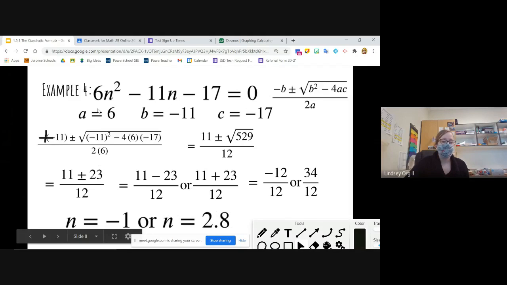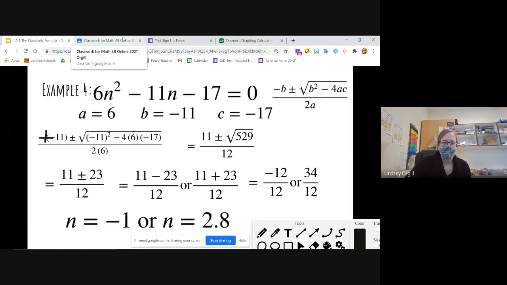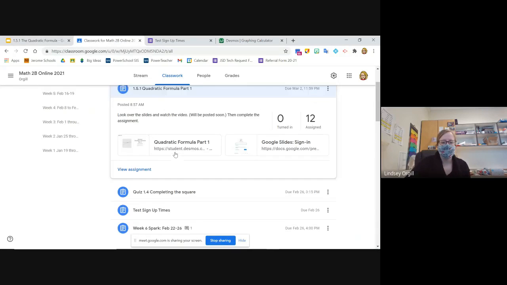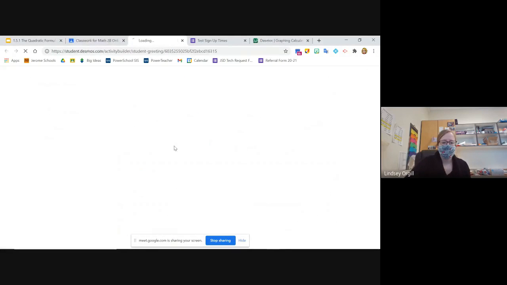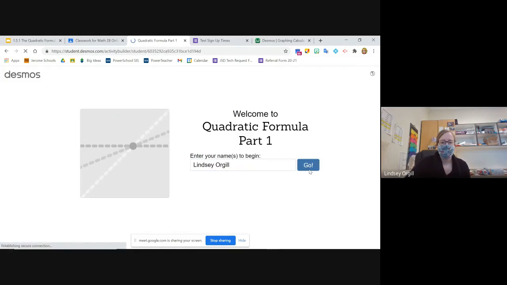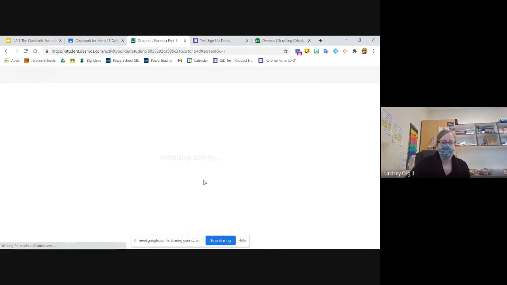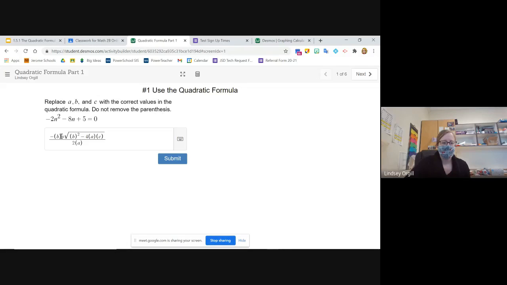There are 4 examples, so I showed you 2 of them, but there's 4 of them online. I want to show you your assignment, how the assignment works. So you'll log in, and this first part, they just want you to enter it into the quadratic formula.